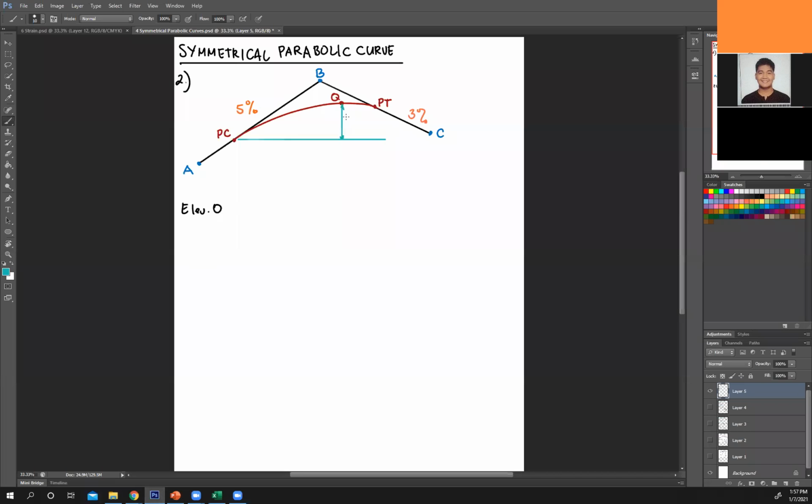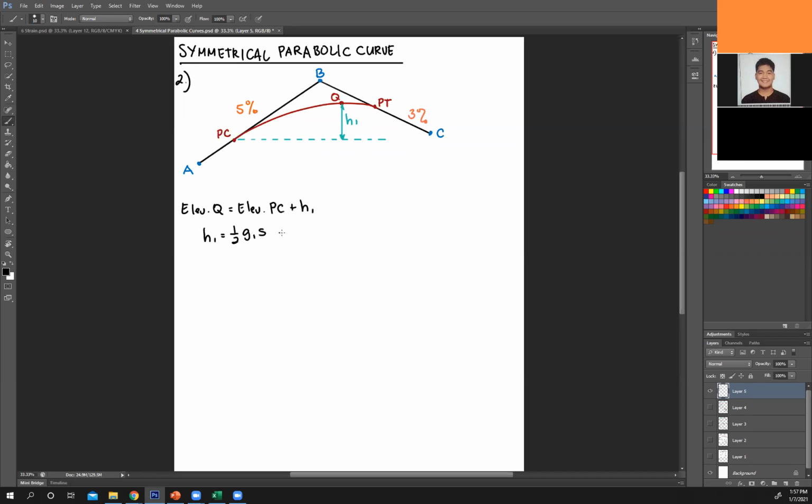So this is H1. Okay, so the elevation of Q equals the elevation of PC plus H1. Okay? So H1 is easy to solve. H1 is again just 1/2 G1 S1. So I need to know what's S1.